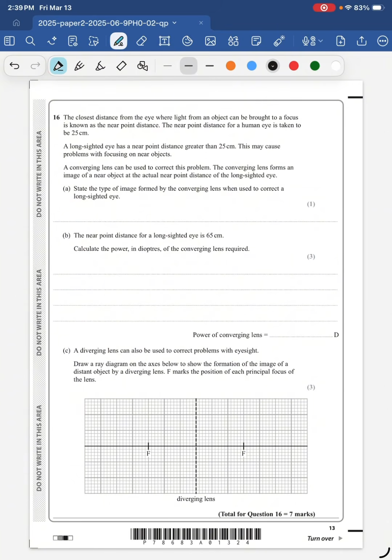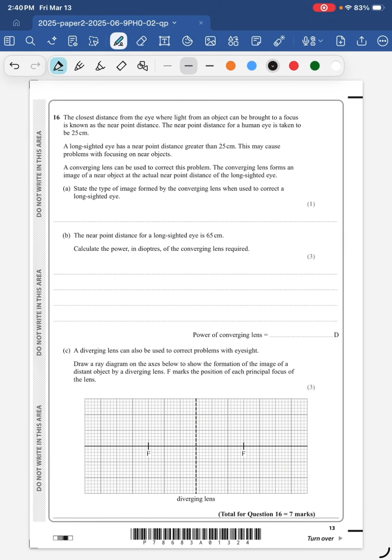This may cause problems with focusing on near objects. A converging lens can be used to correct this problem. The converging lens forms an image of a near object at the actual near point distance of the long-sighted eye. State the type of image formed by the converging lens when used to correct a long-sighted eye.